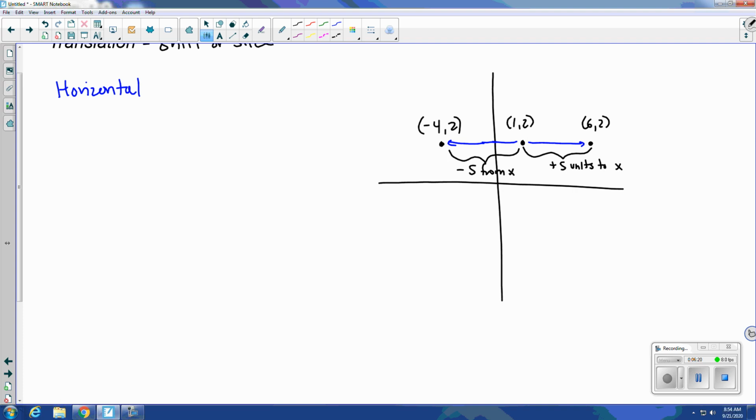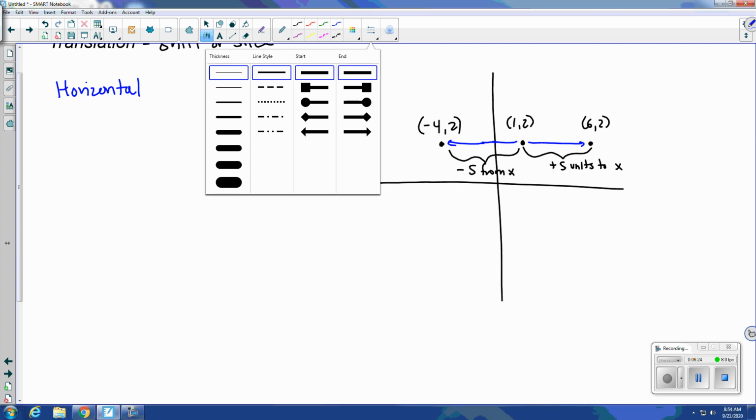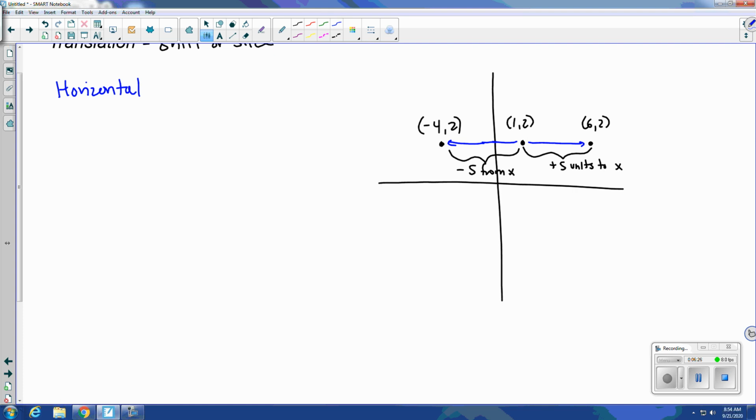So in a general sense, we want to generate an abstract rule. If we start with some xy coordinate, and we add some number k to just x, where k is a positive number, that will move the thing right. You will go right k.